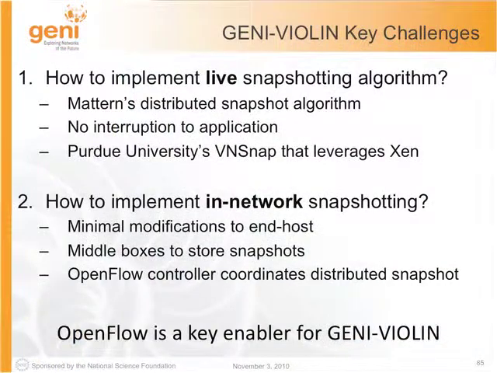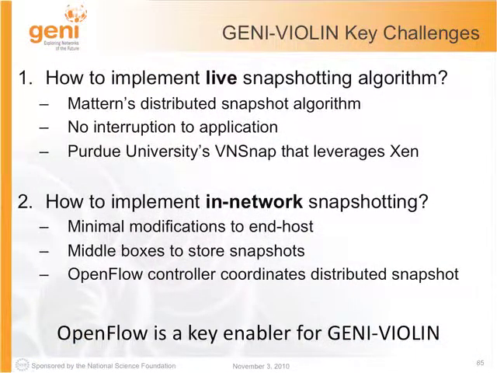Now, to implement this live snapshotting of entire slices, there are many challenges that we need to solve. I'm going to talk about 2 key challenges. The first challenge is that we want it to be live, meaning no interruptions or minimal interruption to the application. And we want to snapshot the entire distributed slice.